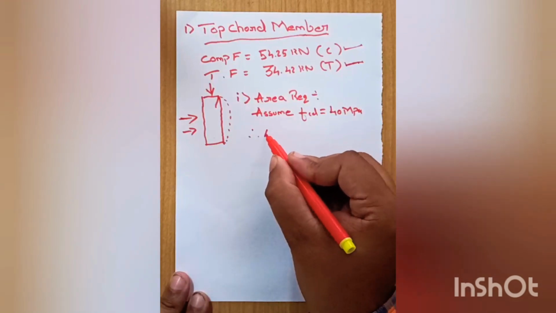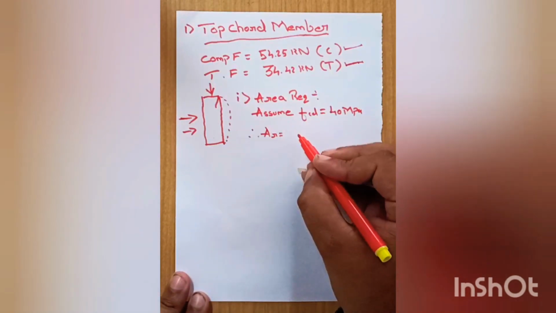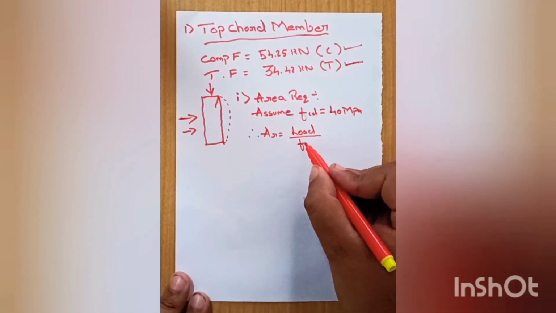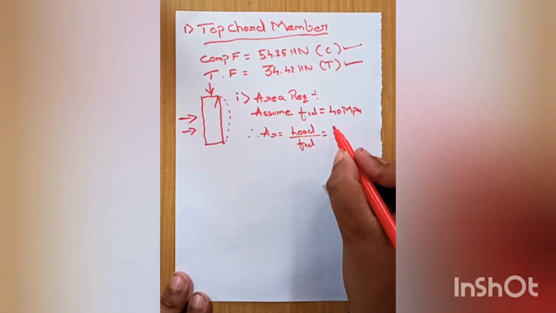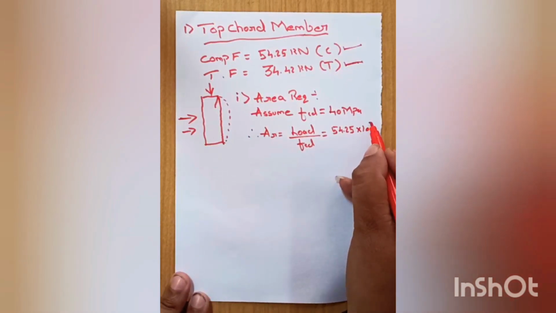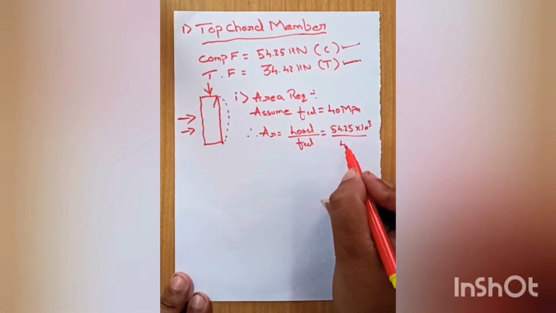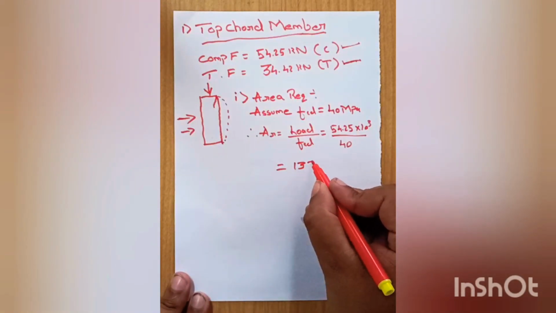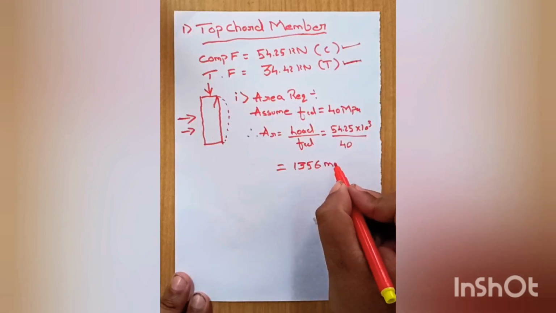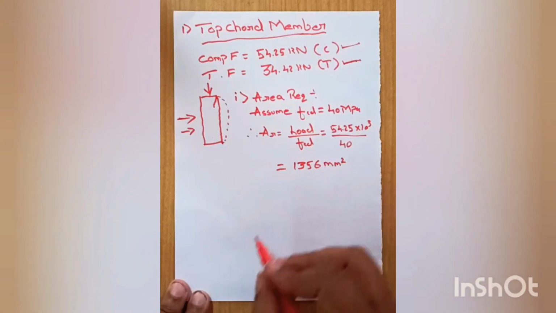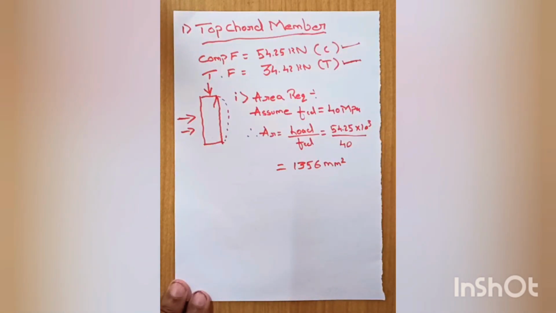So therefore area required will be load by FCD, that is assumed FCD. So that is 54.25 divided by 40, which comes around 1356 mm square. So this is the area required.